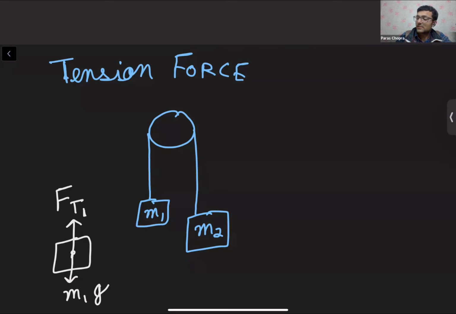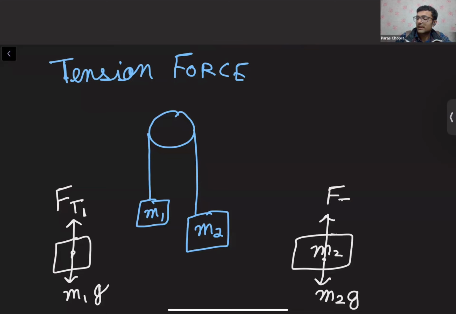Okay. Similarly, for the other mass m2, there will be a downward force which will be equal to m2g, and there will be an upward tension force which will be ft2. Okay. Now, if it is given in the problem that the pulley is massless and frictionless, listen to this carefully.